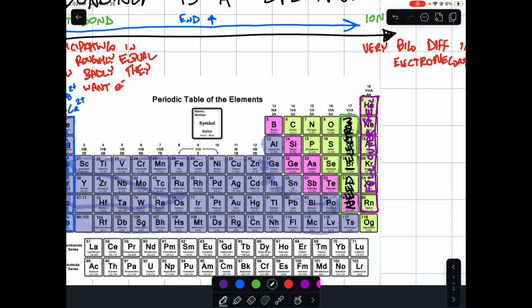So they're going to add an electron to get their full outer shell, their octet, and they're going to be fluorine, for example, at -1 and chlorine at -1.